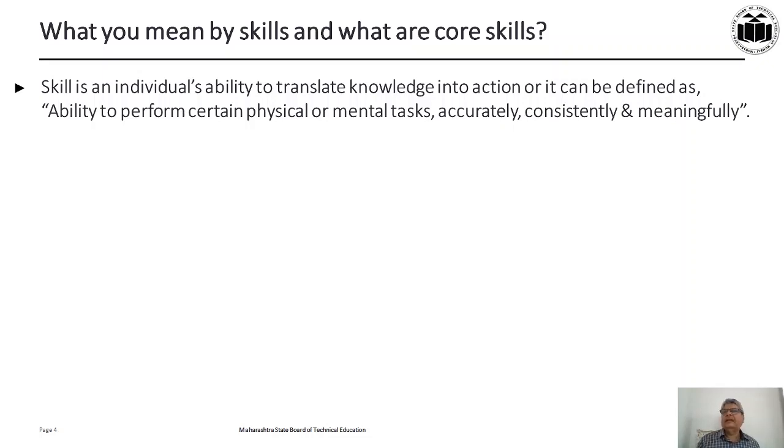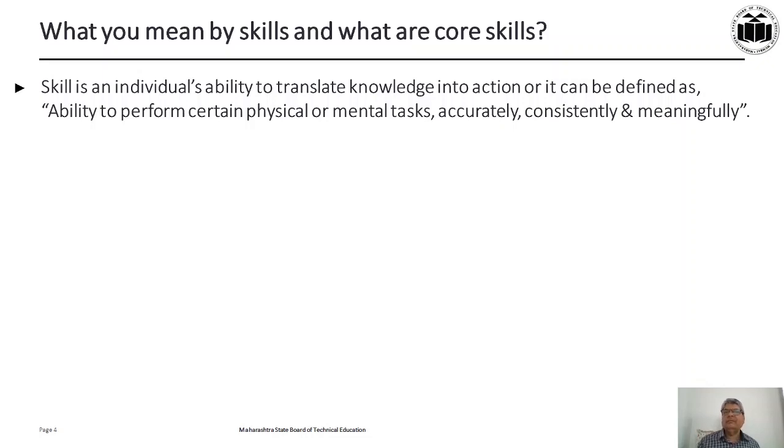Skill can also be defined as the ability to perform certain physical and mental tasks. Tasks are of two types. Some are physical tasks, some are mental tasks. So that person must perform certain physical or mental tasks accurately, consistently, and meaningfully. If he has skills, then and only then he will be able to perform it accurately, consistently, and meaningfully.